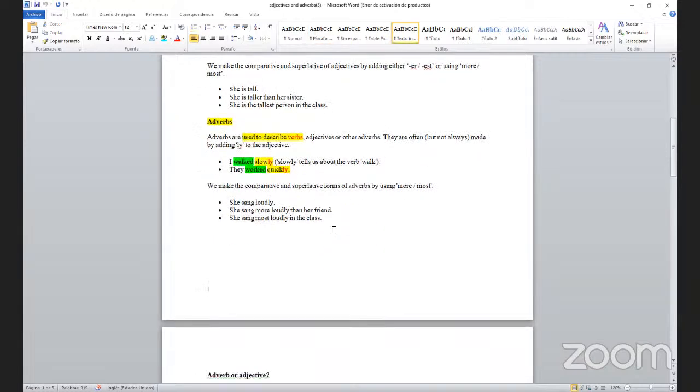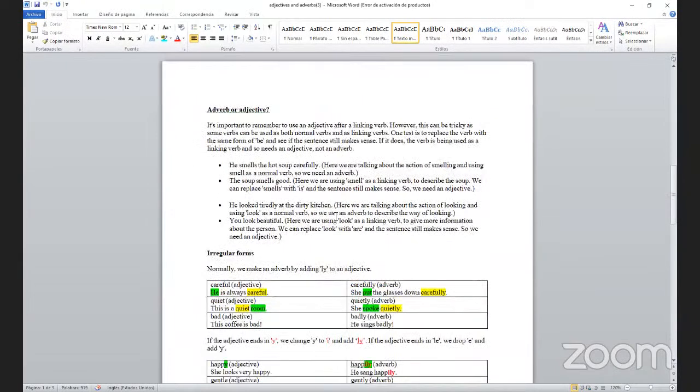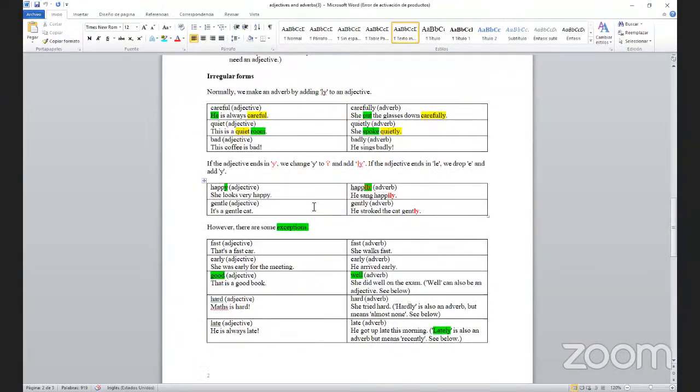So here, let's see this chart, irregular forms. Most of the adverbs end in ly. For example, colorful is my adjective. But if I add ly, carefully is converted into an adverb.